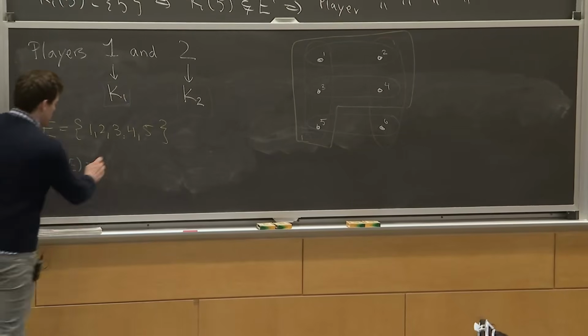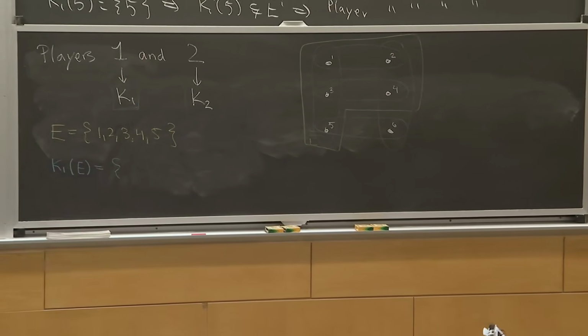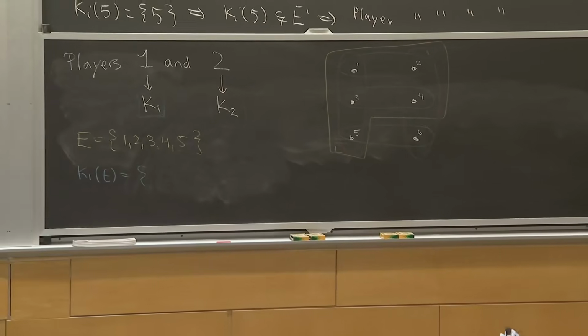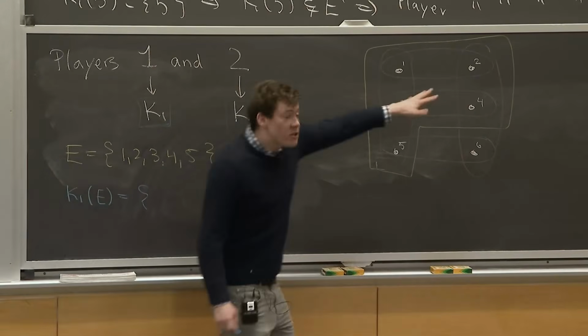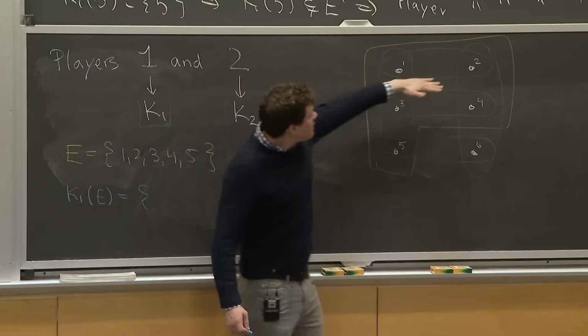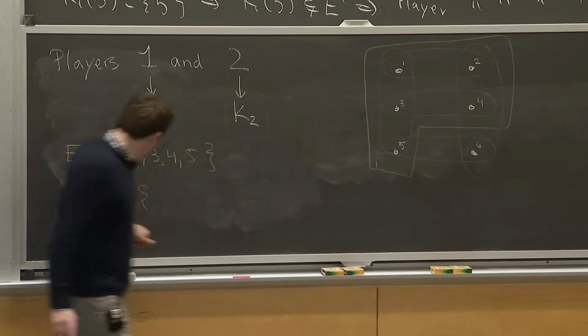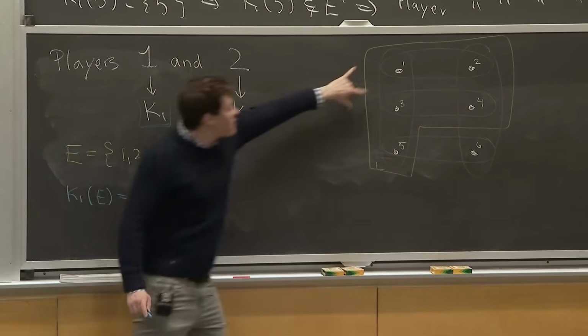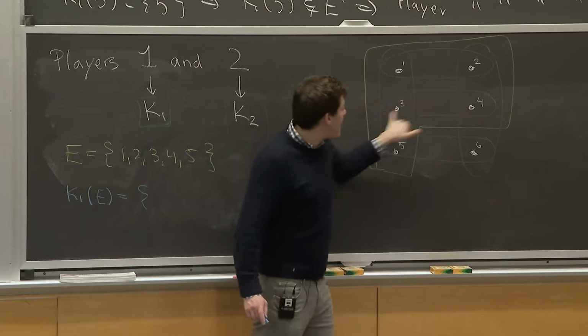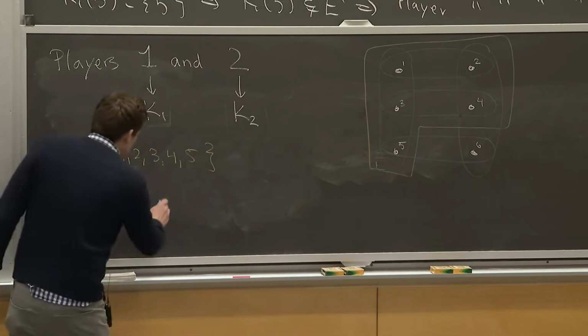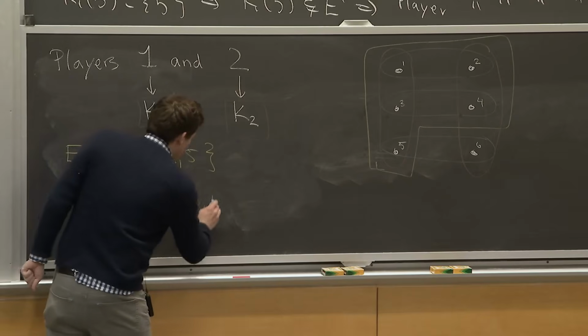Any ideas here? What is this going to be? Yeah, Amy? Yeah, and actually, we can just write them all together. Yeah, so 1, 2, 3, 4, right? In any of these states, so that's an important point. The object here, it's not a collection of cells, it's a collection of states, right? So it is the states in this cell and the states in this cell. So altogether, we get 1, 2, 3, 4.